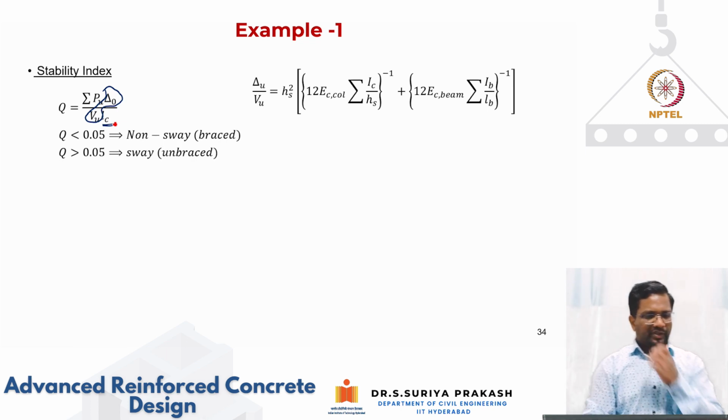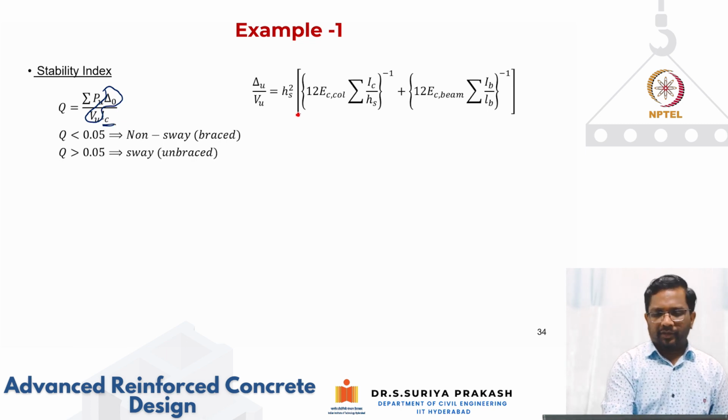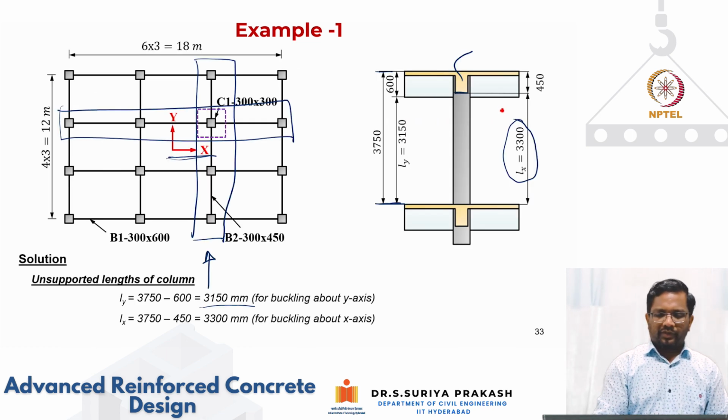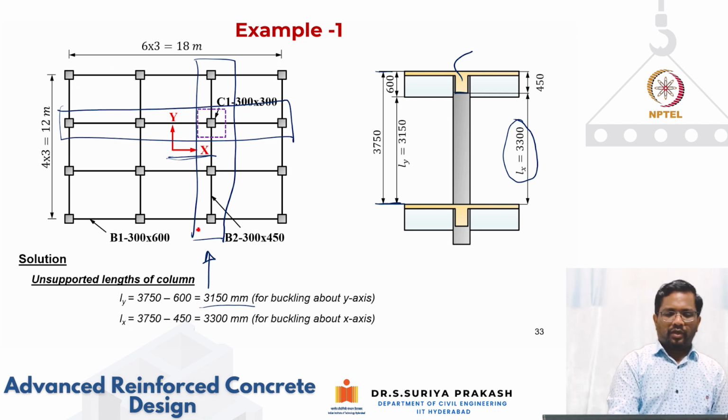The important thing is to calculate the lateral flexibility equation. In this case, I have 3 beams and 4 columns, and similarly in each direction I have 4 columns and 3 beams.